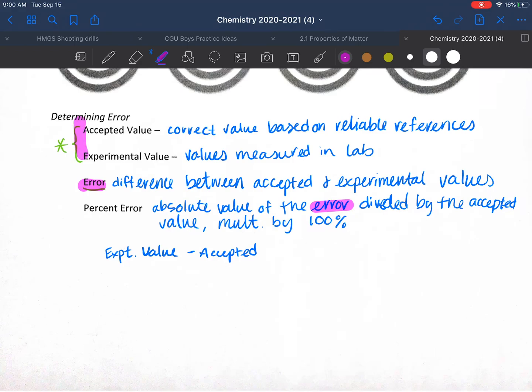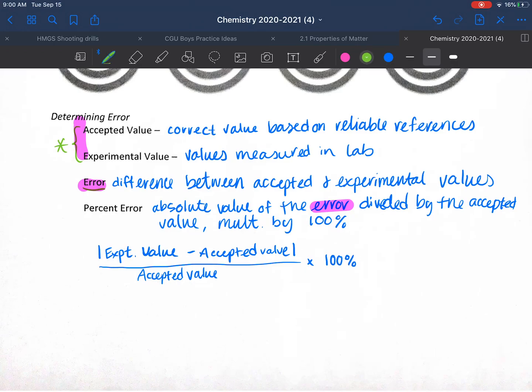So that's how we get experimental minus accepted. So this is just the error. Now, we're taking the absolute value of it, and we're dividing this number by the accepted value. And then finally, multiplying by 100%.